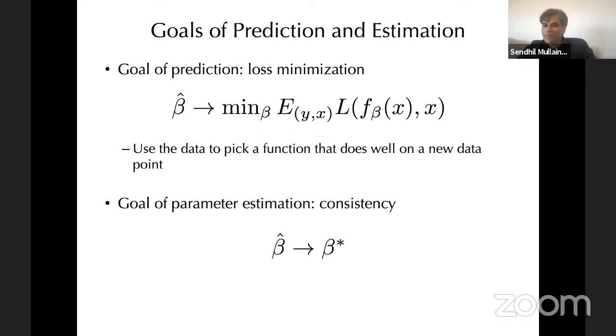The goal of parameter estimation is consistency. Very often, you're looking to find an estimated set of parameters that go towards a true model. Notice how different these are. In the first case, loss minimization is the goal. In the second case, when we're trying to get consistent parameters, yes, we minimize losses, but we do so to accomplish the goal of getting consistent parameter estimates.